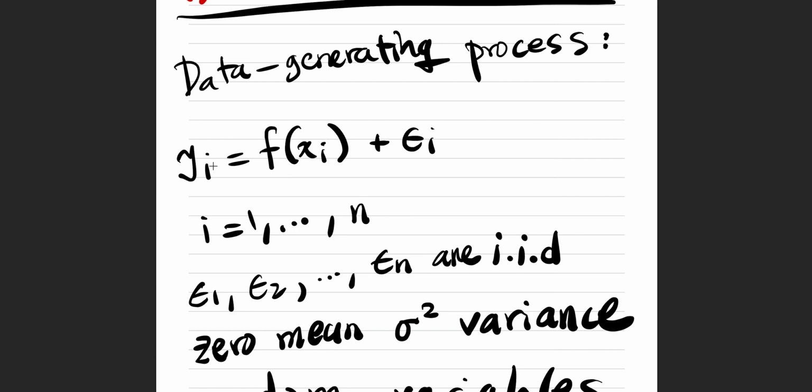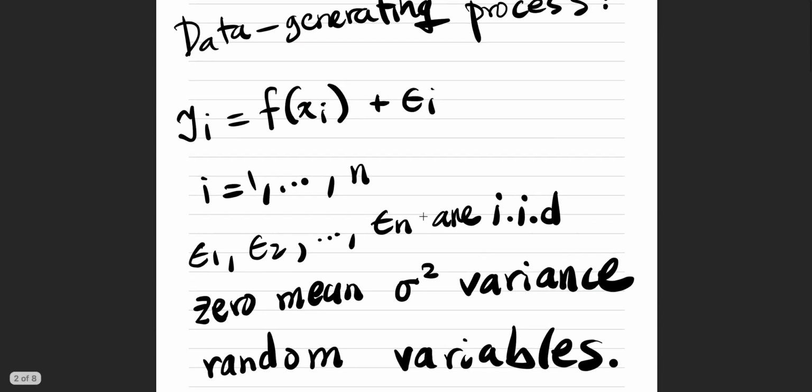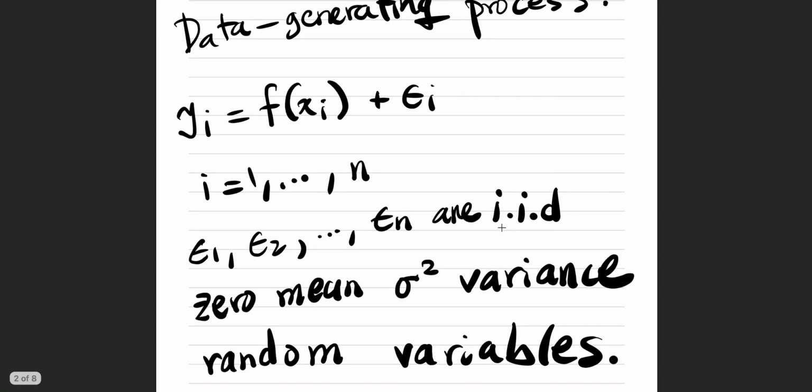We want to describe it. We want to learn it. We don't know what it is. We only see yi's and xi's. But we believe that there is this relationship, and it's corrupted by some epsilon i's, which are IID, identically, independently distributed.